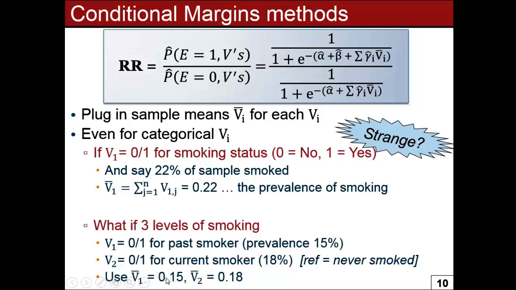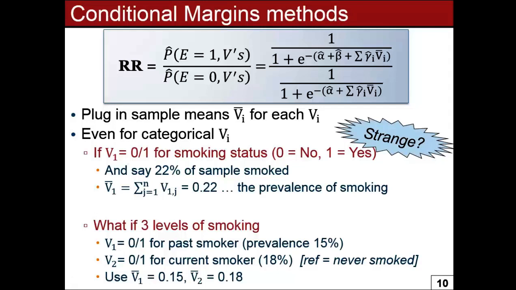Then you're going to plug in 0.15, 0.18, and that's going to represent the average smoking situation in the data set. Well, that's kind of weird because no single person in the data has anything above 0 for both of those. You're either a past 1, 0, or you're a current 0, 1, but you're never a 0.15 and a 0.18. So there's some funk to this. You're going to get an answer, and people use it.